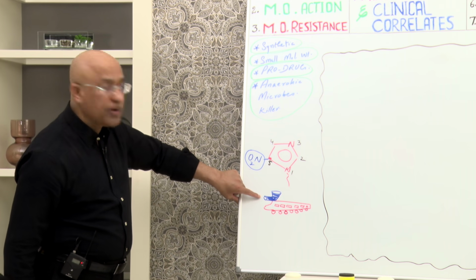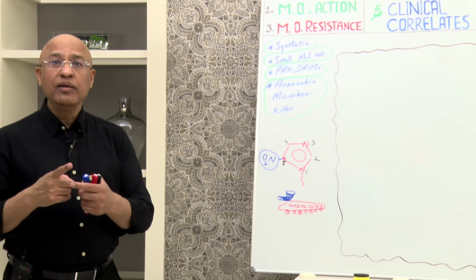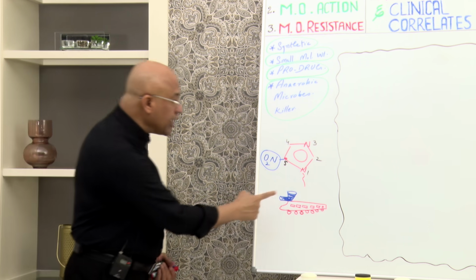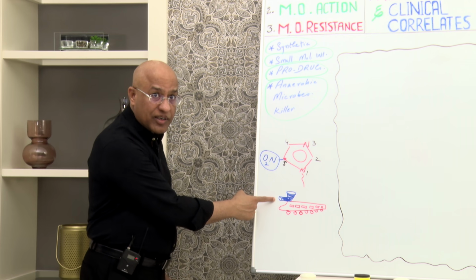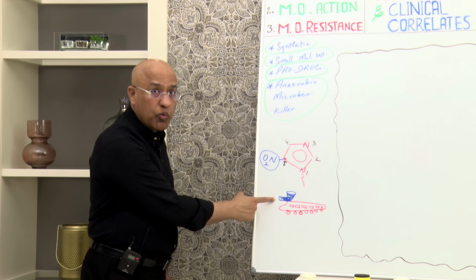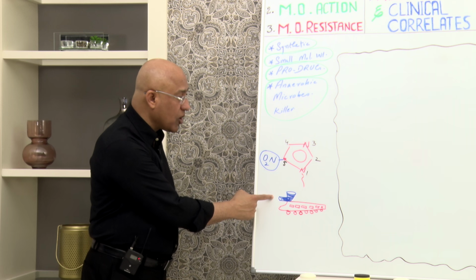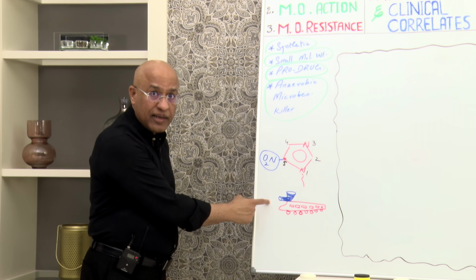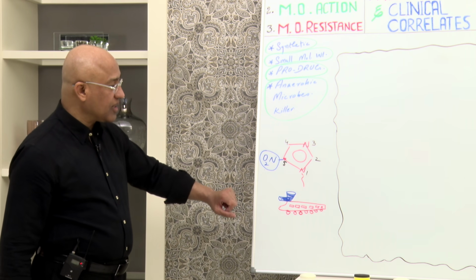This nitro group, as we will discuss, acts as an electron machine gun. It acts like an electron gun. This nitro group will produce highly reactive compounds when it is activated. How is it activated? Once it takes up an electron, it becomes highly reactive. It converts into highly reactive radicals and damages the cell.